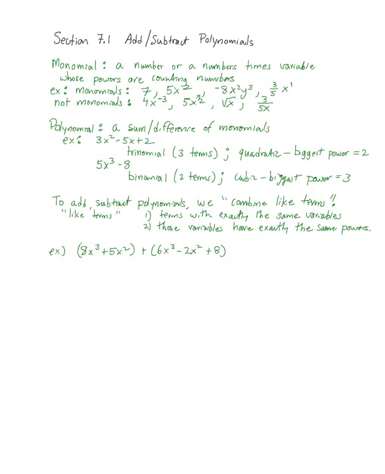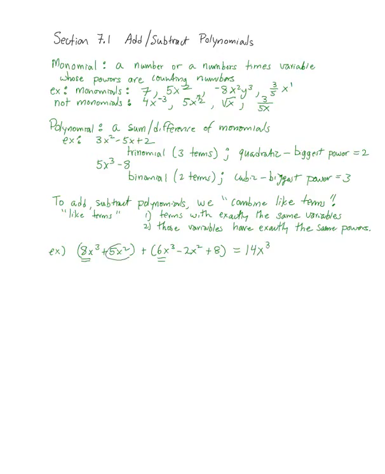I see I have a couple of x cubes. So I put the 8x cubed together with the 6x cubed. 8 plus 6 is 14. So that's going to be 14x cubed. Notice when you add, the powers don't change, only the numbers out front. 8 things plus 6 things is 14 things. It doesn't really matter what the powers are there.